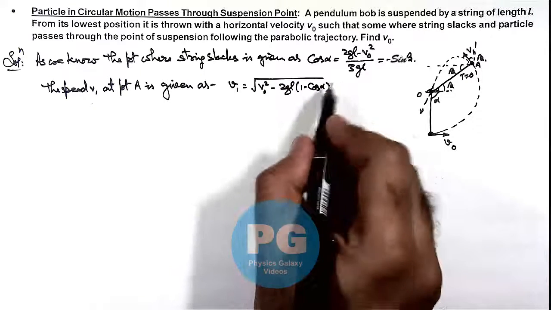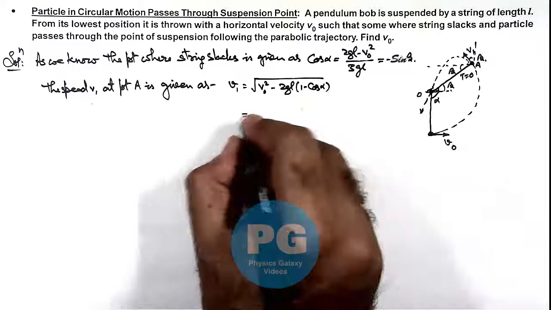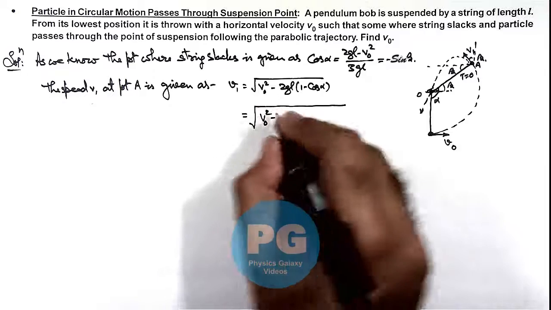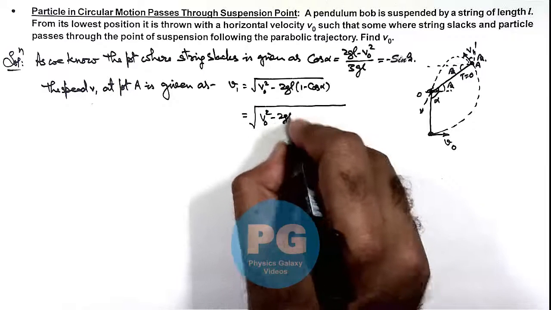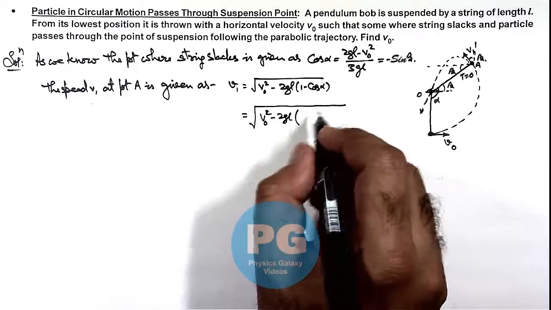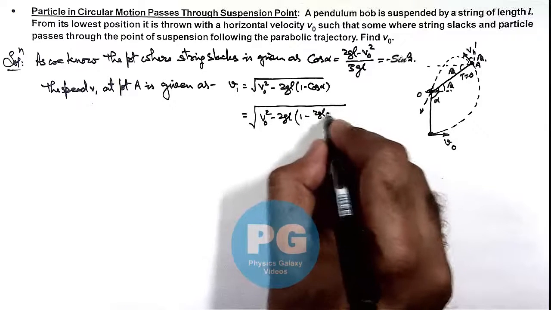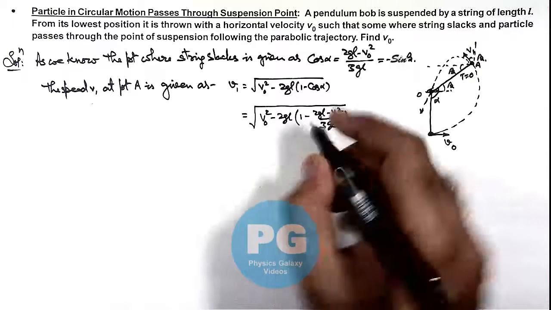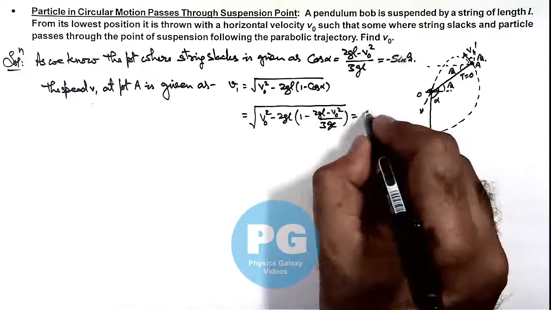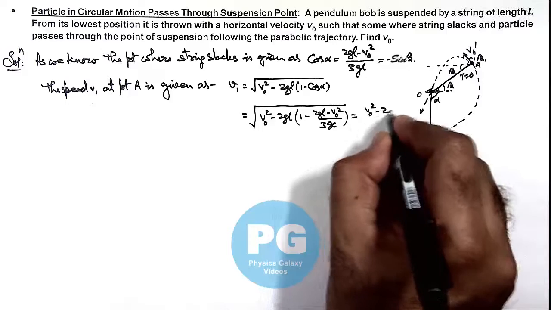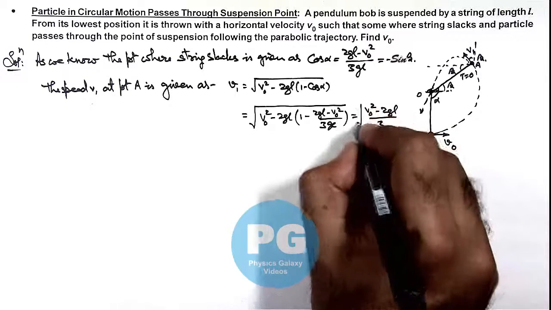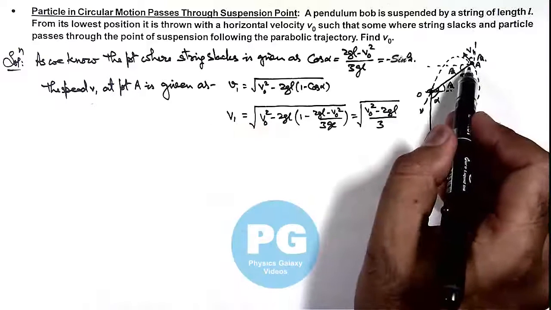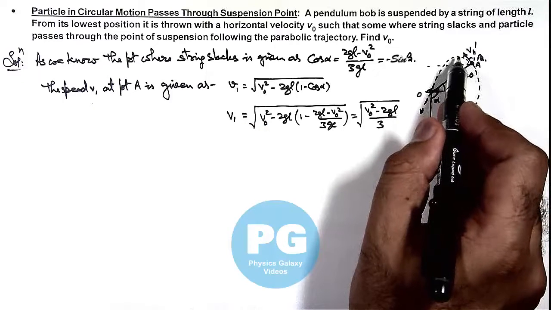If we substitute the value of cos alpha over here, you can see the speed we are getting is v0 square minus 2gL times (1 minus (2gL minus v0 square) by 3gL). If you simplify this, the result you will be getting is the square root of (v0 square minus 2gL) by 3. So this is the speed v1 with which the bob will start its projectile motion.